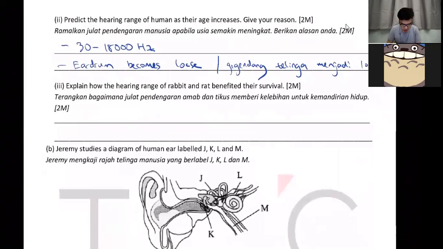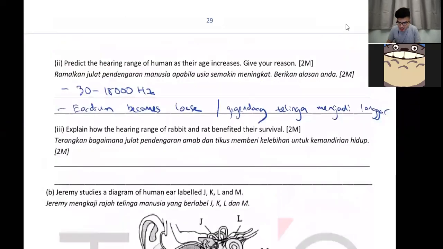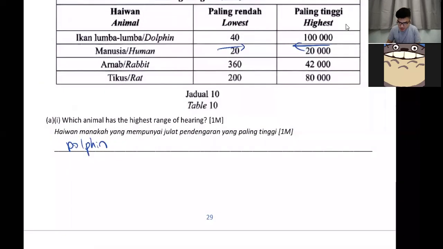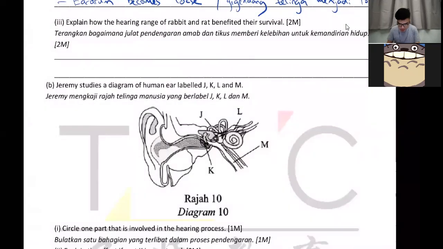All right, so number 3, explain how the hearing range of rabbit and rat benefited their survival. So how is this better for them? Okay, when they have a wide range of hearing, they can detect a wide range of sounds.